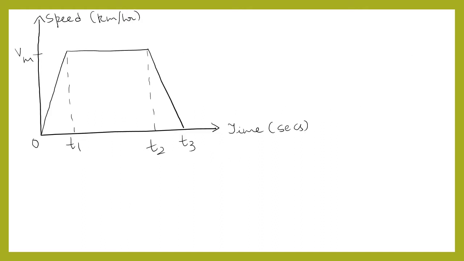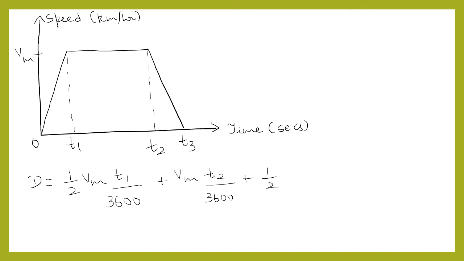So we have the speed time curve to be considered, which is as shown in the figure. The distance traveled, or the distance between the stations D, is given by the area under the curve, which is equal to half Vm T1 by 3600 plus Vm T2 by 3600 plus half Vm T3 by 3600.